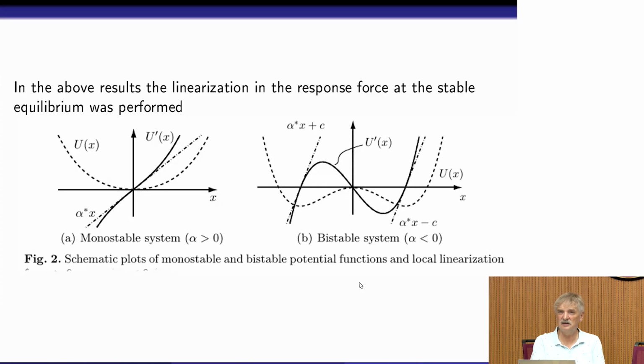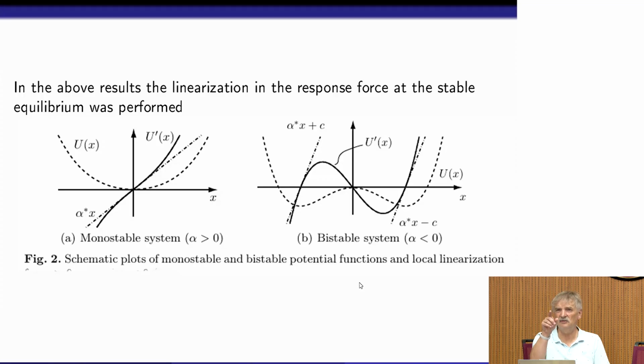And the same can be done for the equilibria which are minima of the double well potential, and you have to fit some tangent line. The tangent line would give you the coefficient for the parabola of the potential. We called this alpha star.